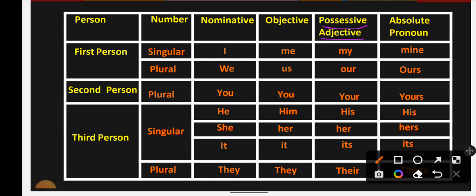What does it mean really? It means that if any of these words is used, then 100% after these words any noun must be there. These are the words which can only be used before a noun. If there is no noun, there is no need of using my, our, your, his, and words like her, its, and their.